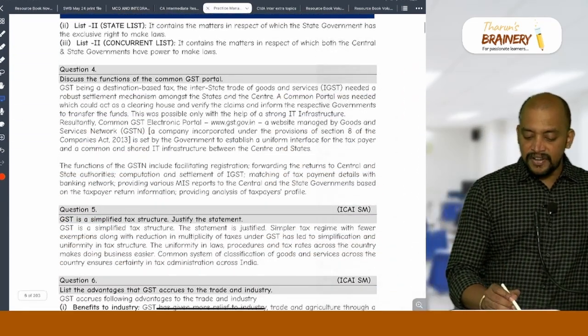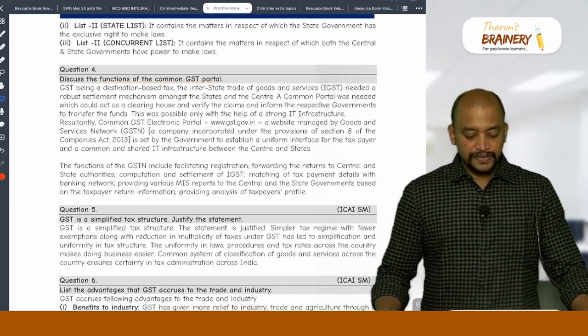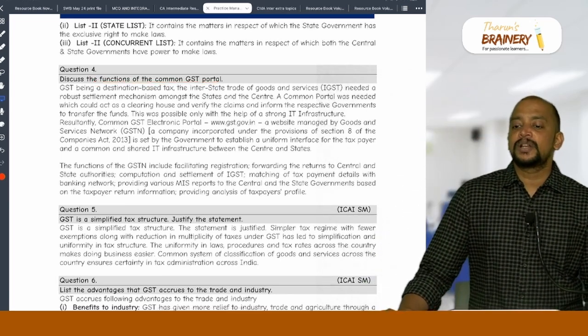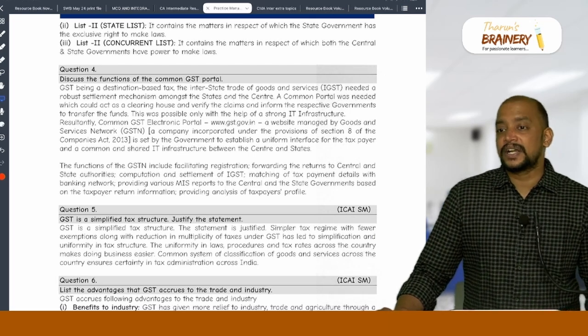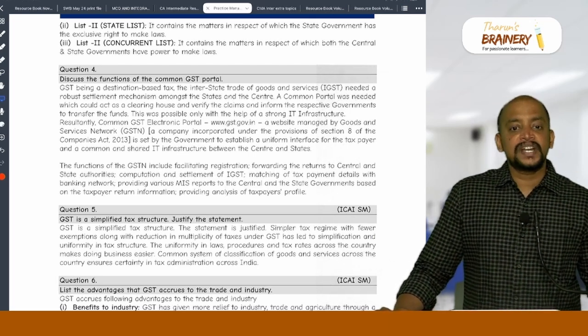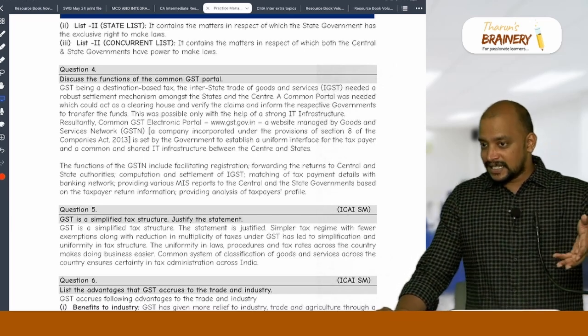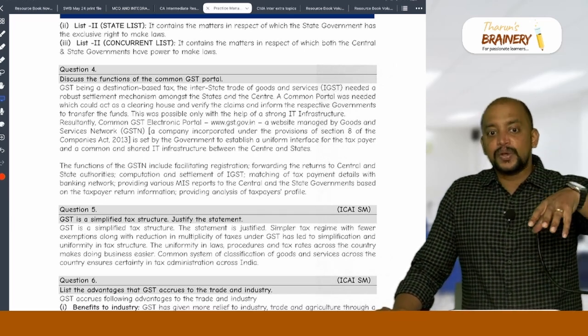Then discuss the functions of the common GST portal. What are the various functions of common portal? What is common portal means? GST network. So, GST network is basically an entity that provides information technology infrastructure for implementation of GST, and it facilitates between whom?